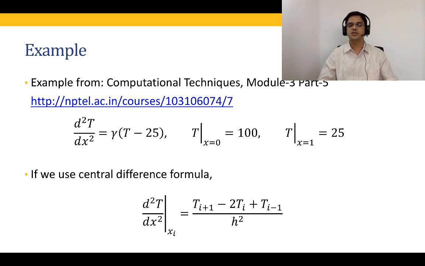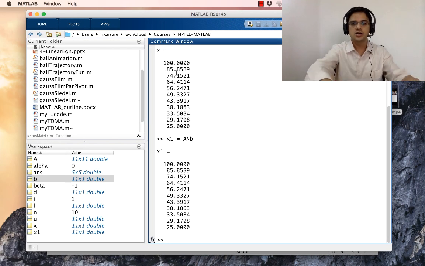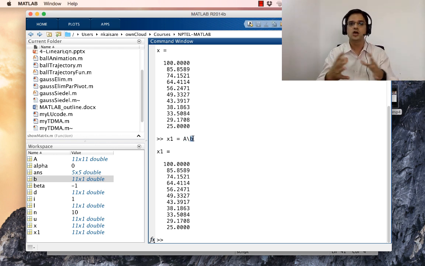So here you will need to construct your A matrix and your b vector and compute the solution using Gauss elimination. I have not shown you my show matrix code, which I used to calculate the A matrix from L, D and U. That is the main crux of your second problem of this assignment.